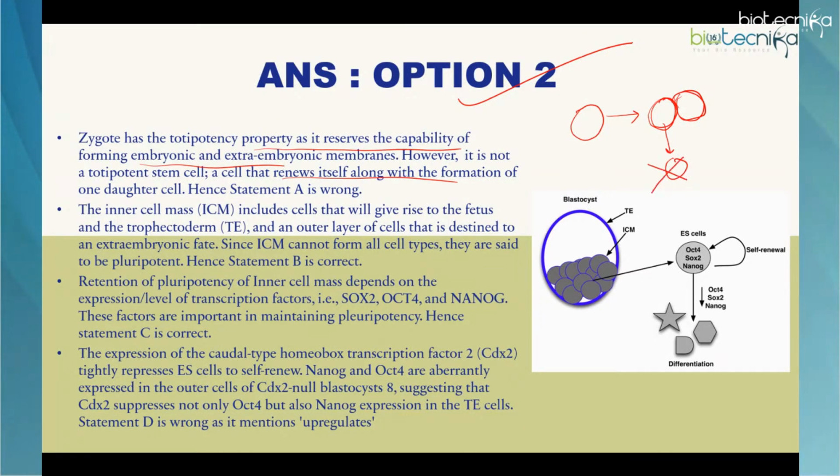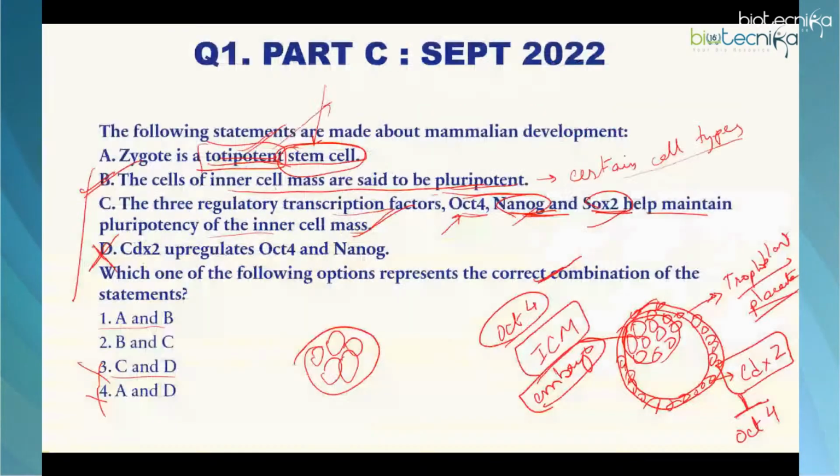If the zygote could make another zygote like itself, only then would it be called a stem cell. But the zygote is not a stem cell. It only goes on dividing and forming the cell fates in the forward direction. So you have to be very critical about the keywords that they use in the statements of the question.